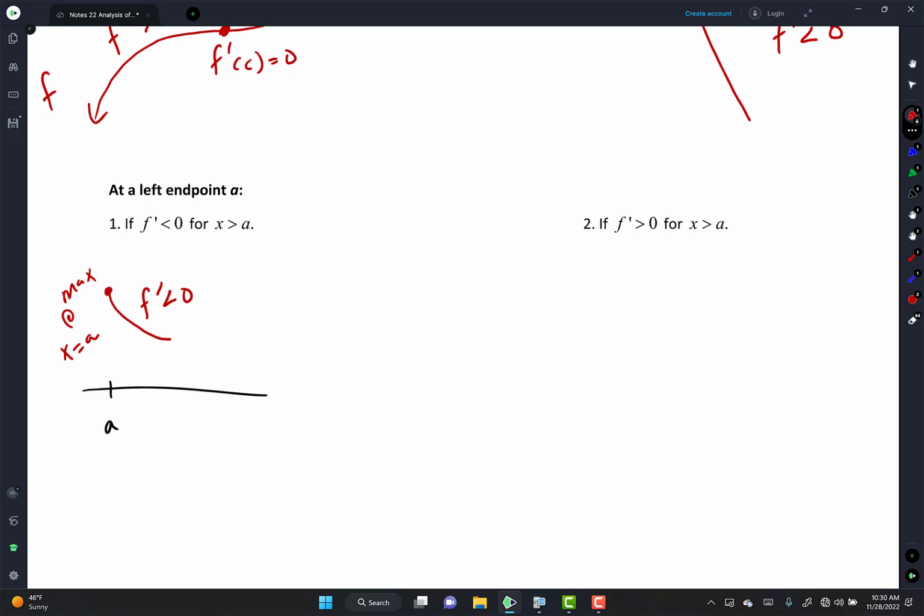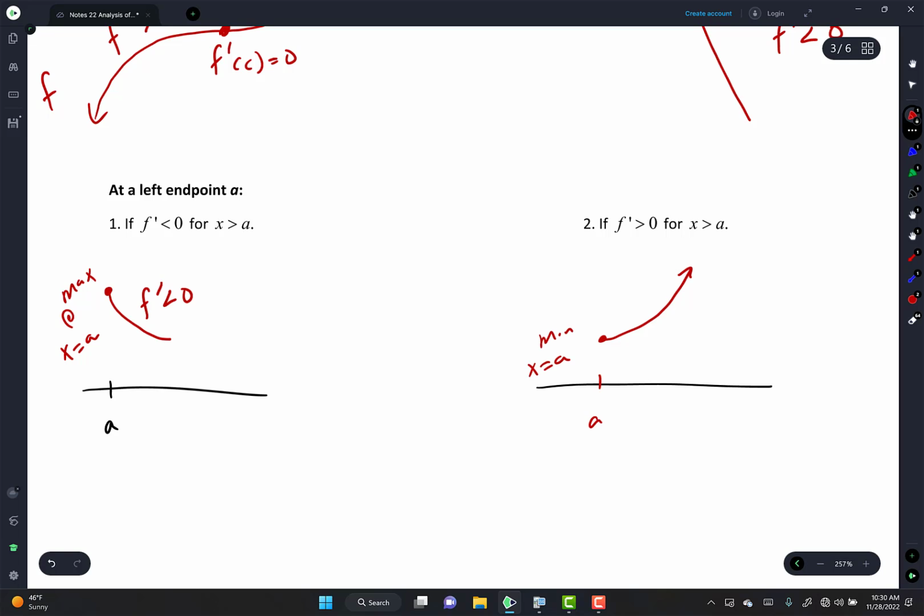Let's see. If f prime is greater than 0 for x greater than a, so if that happens, I'm looking at scenario number 2. So that means a is still at the left side. So now I'm increasing. So we're going to call that a min at x equals a.